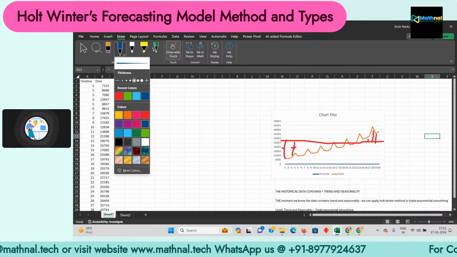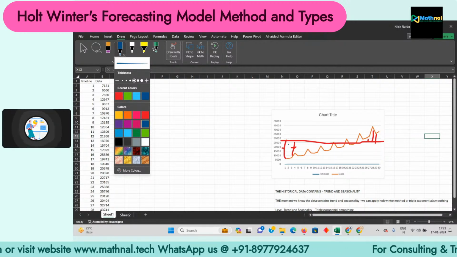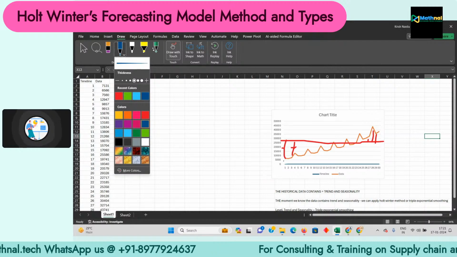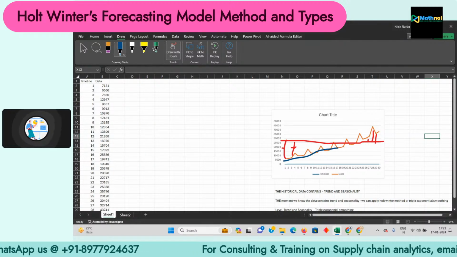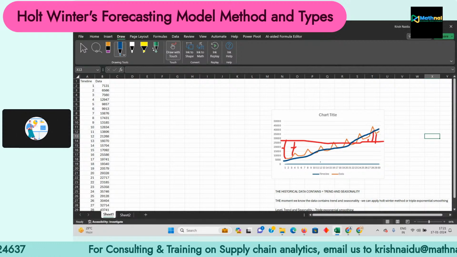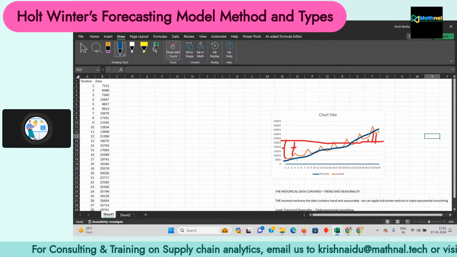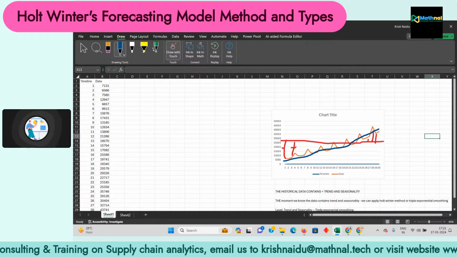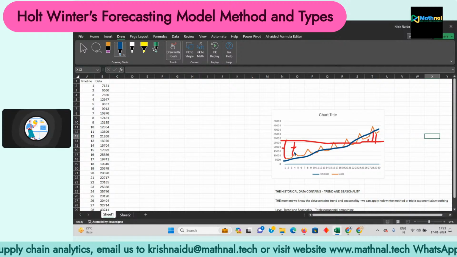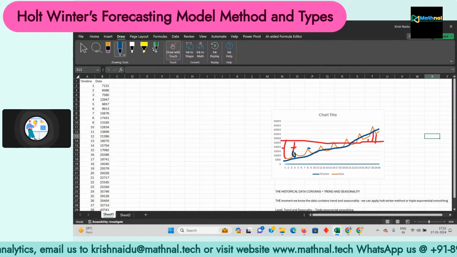right? Once we do level minus trend here, and once we do level plus trend here, the line will become a straight line, and this will look like this. But the problem again is that this is still not replicative of our sales history, because we have some seasonalities over here, right?